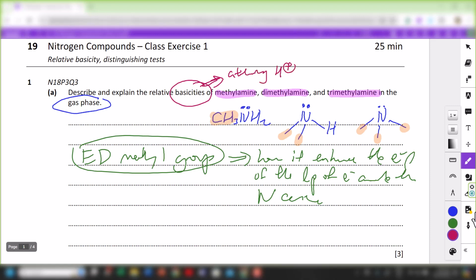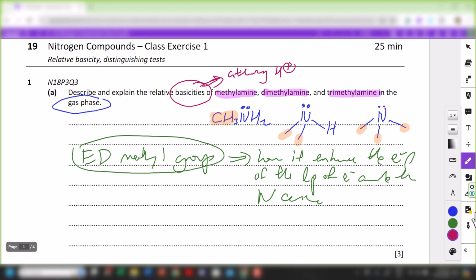You can also look at it as how willing it is to be attracted to a Lewis acidic site, because basicity here is not defined. Are we looking at Lewis base or are we looking at Bronsted base? So you can answer the question from both perspectives or one of the 2 perspectives. But it doesn't change the answer, because the idea here is the more electron donating groups you have bonded to the nitrogen, the more available the electron density around the lone pair of electrons on nitrogen will be.